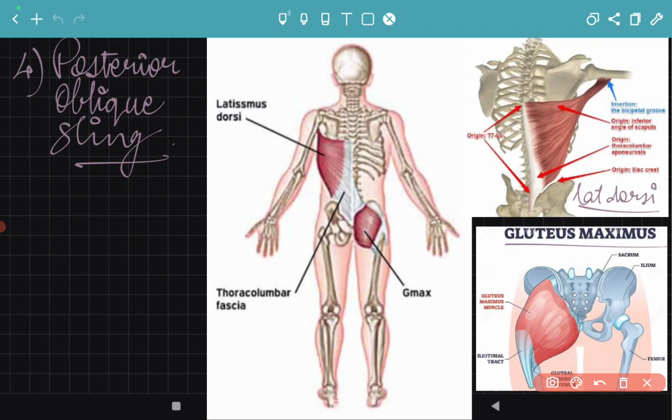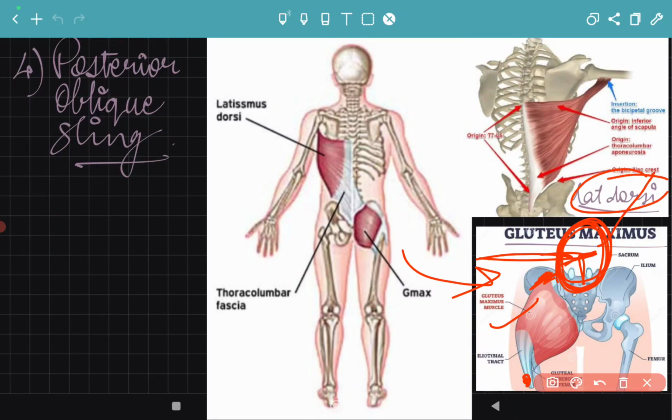So we can appreciate gluteus maximus over here. If one side gluteus maximus muscle is considered, we have the attachment at gluteal tuberosity and the ilium. So this is the attachment of gluteus maximus. Now this side gluteus maximus there, and then in the center we will have thoracolumbar fascia, and the opposite side lat dorsi.